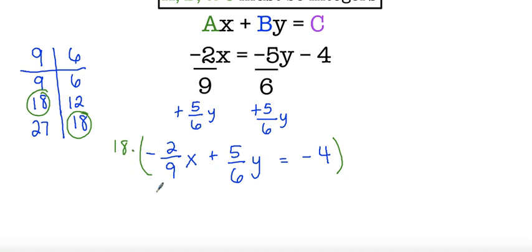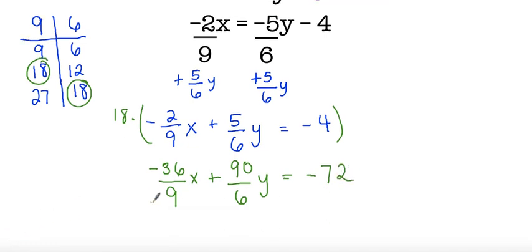So 18 times negative 2 over 9 is negative 36 over 9, x plus negative 18 times 5 over 6. So remember, it's 18 times 5, and we get 90 over 6, y, and then we have negative 4 times 18, which is negative 72.